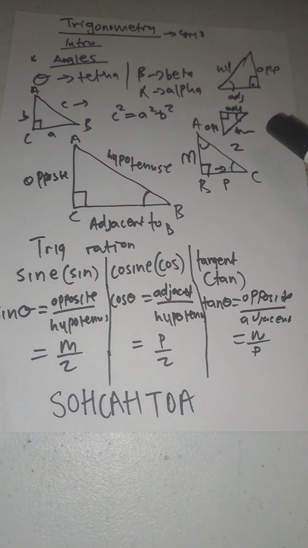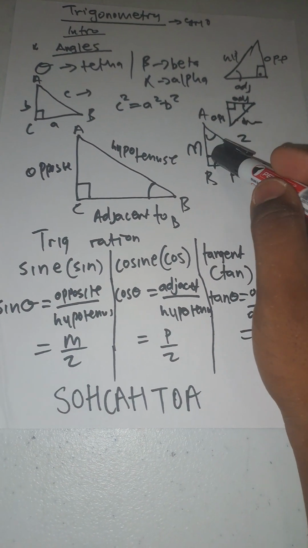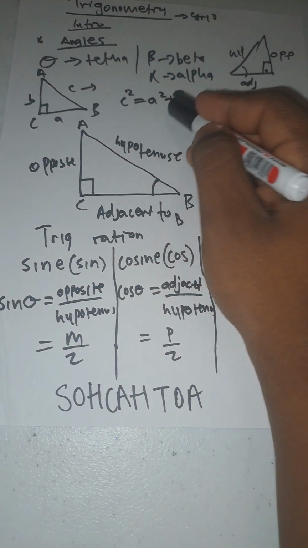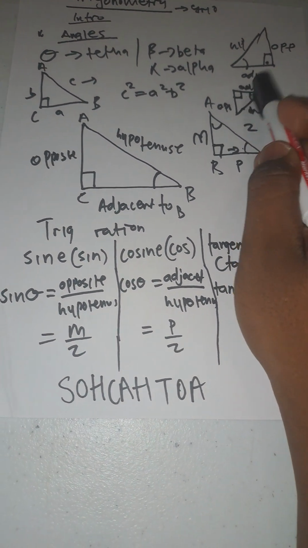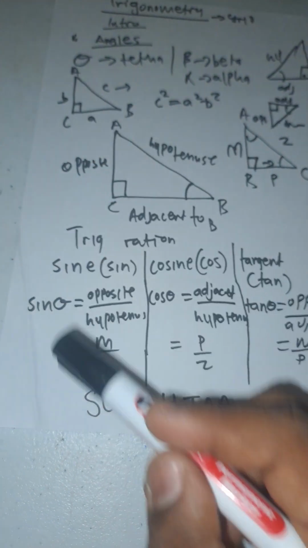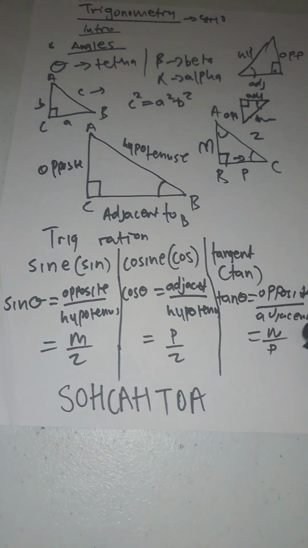Okay, and make sure that whenever you're given a triangle like this, make sure that you rearrange it and write it in a form of like a normal right angle triangle. Okay, because they can try and trick you and put something like this. You'll have to rearrange it and put something like this so that you can know what to do when you're choosing the values of your sine theta, cos theta, and tan theta.